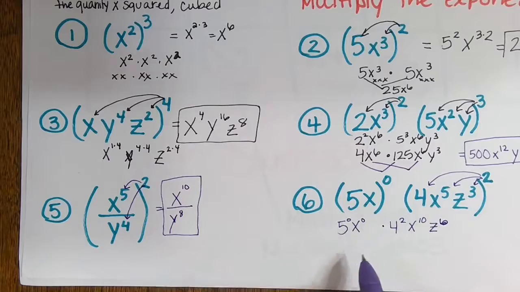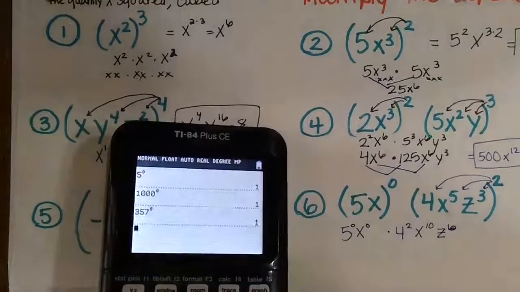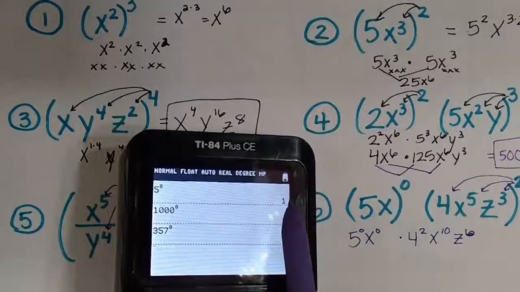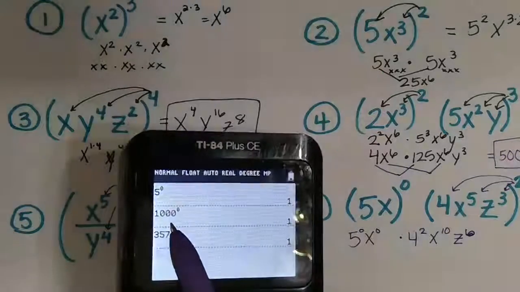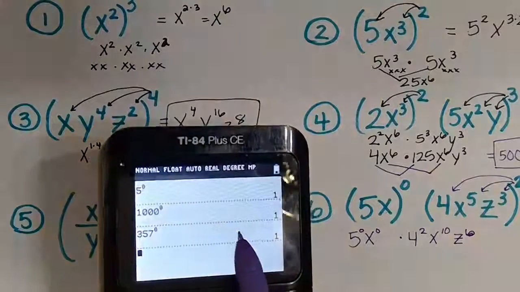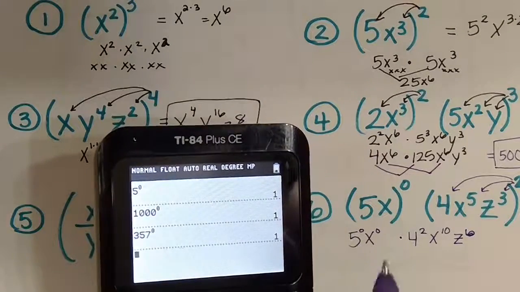Do you guys know what x to the 0 power is or what 5 to the 0 power is? All right. If you said 1, you are correct. Anything to the 0 power, so 5 to the 0 power is 1. There's a rule that says anything to the 0 power is 1. 1,000 to the 0 power is 1. 357 to the 0 power is 1. X to the 0 power is 1.